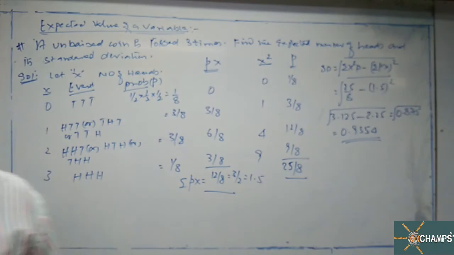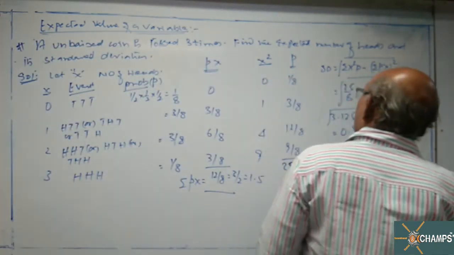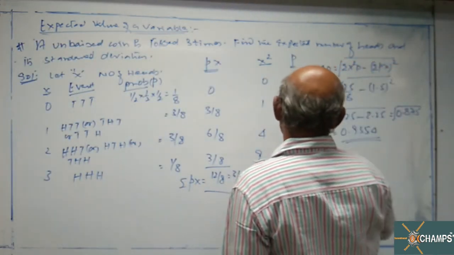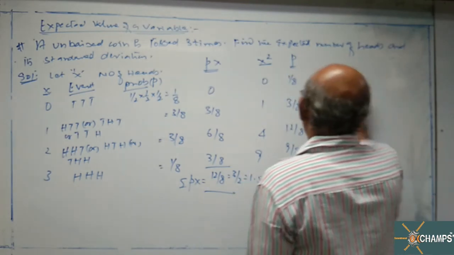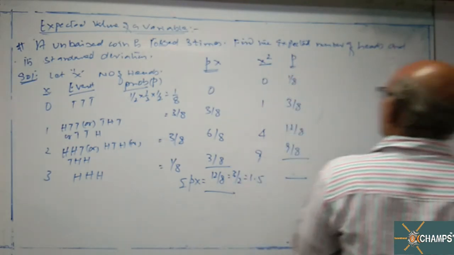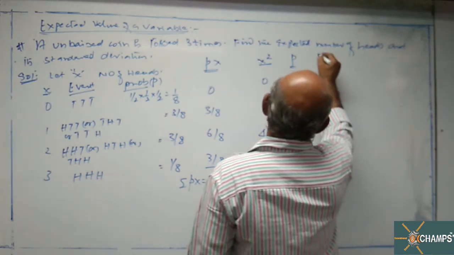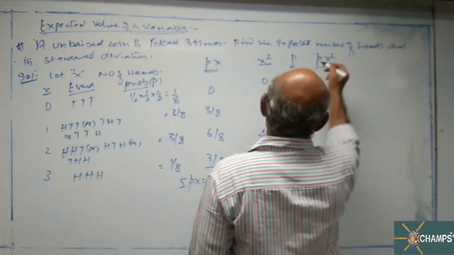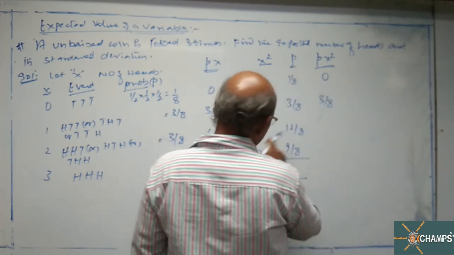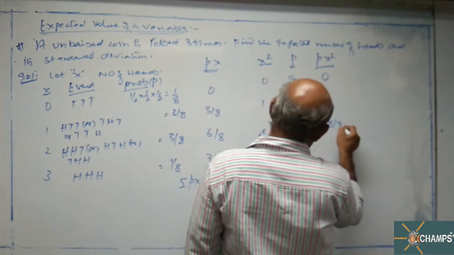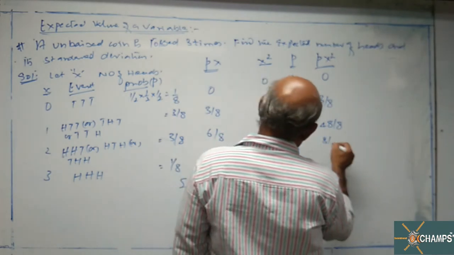Oh, sorry. Here I have to calculate p into x square. This is 0, 3 by 8, 48 by 8, 81 by 8.